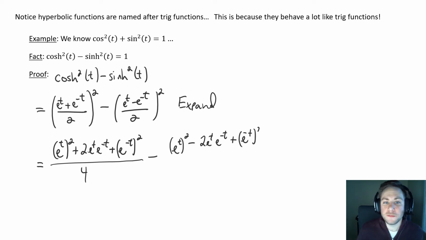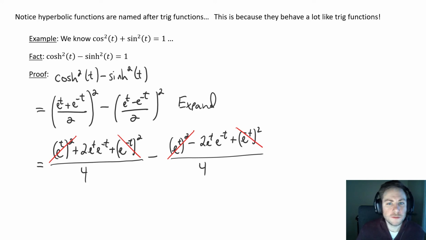But our second term can be expanded out in a very similar fashion, so again, pause and check if needed. And at this point, notice that both our terms have a common denominator of 4, so we can directly subtract the terms in the numerator. After subtracting, we'll see that e to the t squared cancels with minus e to the t squared. And the same observation can be made with e to the minus t squared.